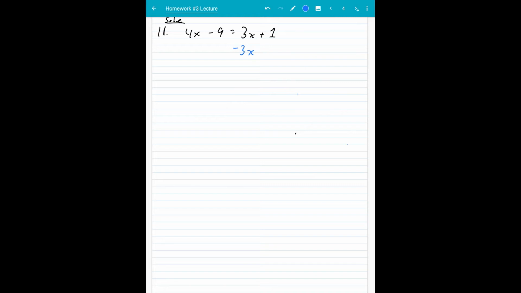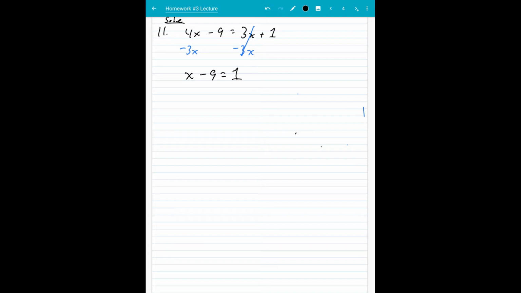What we do on one side of the equation, we have to balance out on the other side. So 4x minus 3x becomes x. And we bring down everything that we didn't change: the minus 9, the equal sign, and the 1.